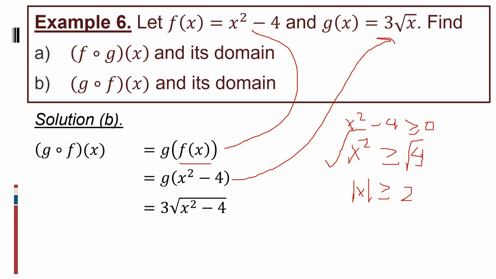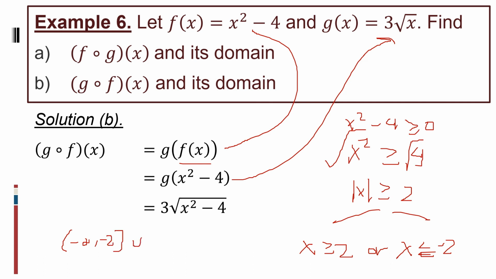And what does this mean? By compound inequality, this is equal to x is greater than or equal to 2 or x is less than or equal to negative 2. And in interval notation, that is negative infinity to negative 2 closed, union, kasi or siya, 2 closed to positive infinity.